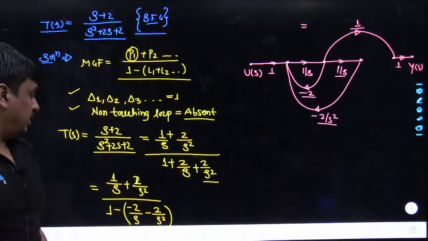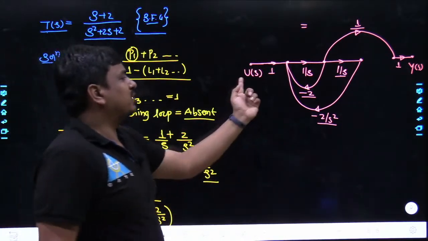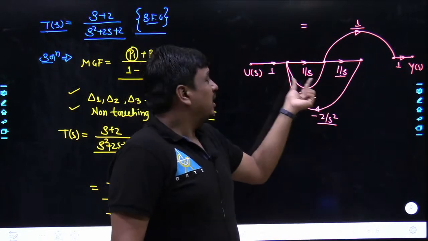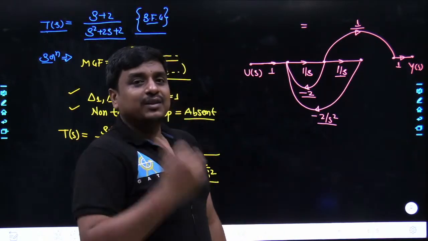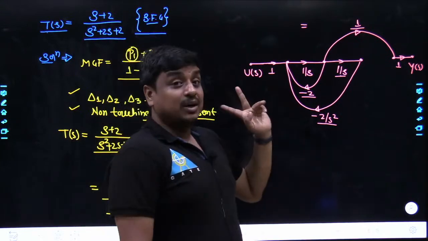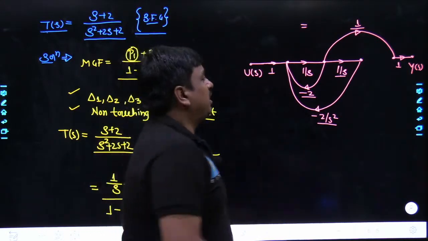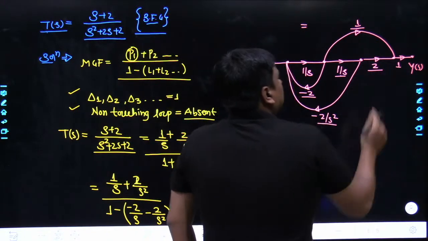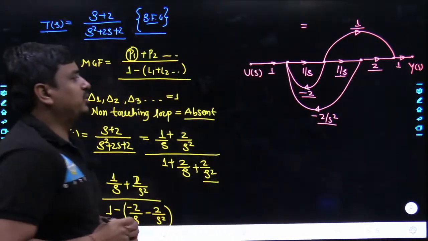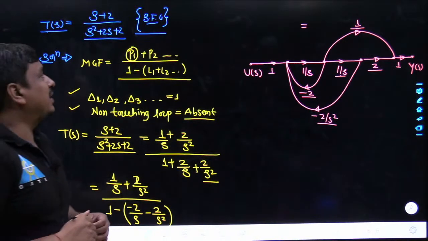The second has to be 2 divided by S square. So we have to use both branches: the first provides 1 upon S, the second provides 1 upon S, which multiplied becomes 1 upon S square, and now the additional gain of 2 has to be offered. Till this point nobody should have any doubt.